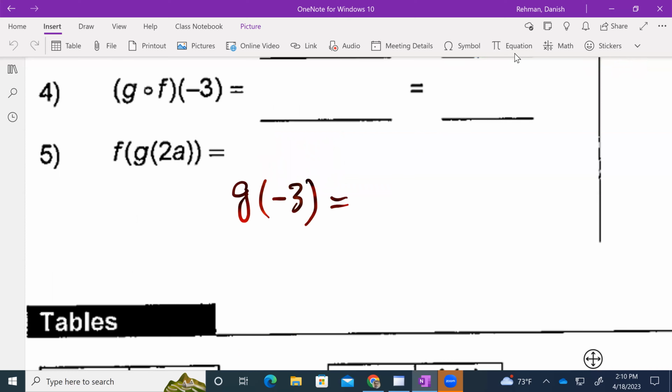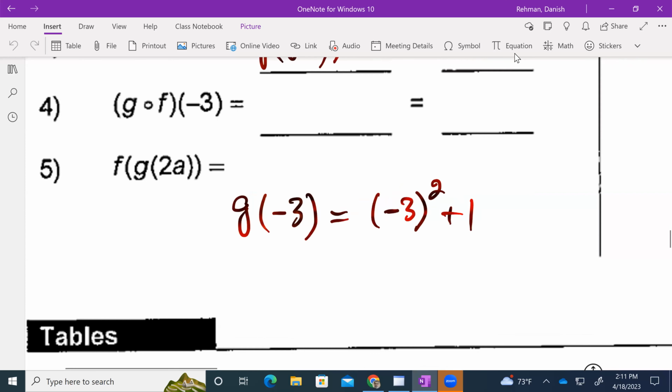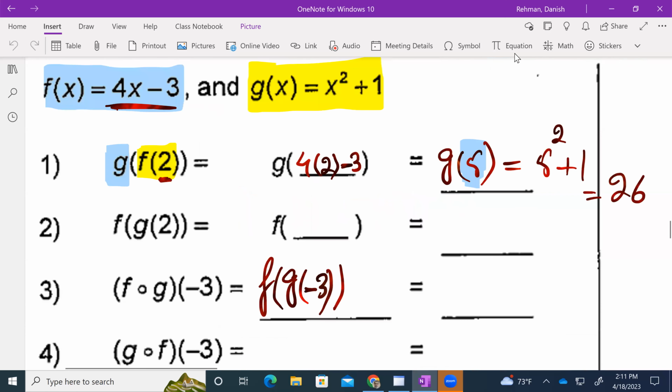So g of -3 will actually be (-3)² + 1. Any questions? Did you get it? How did I bring in here (-3)² + 1? I substituted the value of x here.